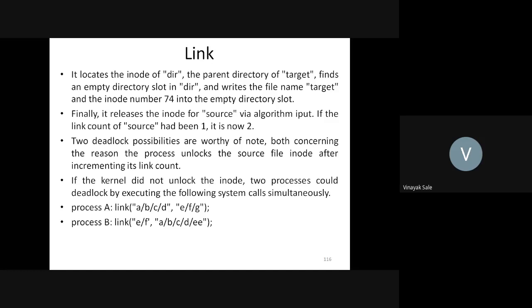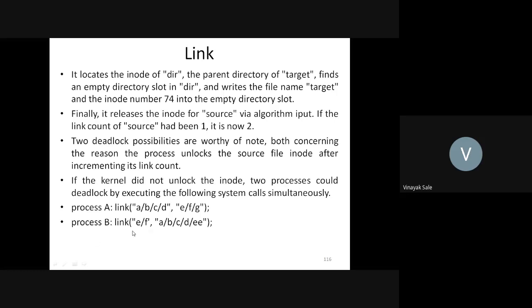Suppose there are two processes, process A and process B. In process A, suppose a statement like link, where the source file is a/b/c/d, that is a path name from the root directory, and the target file is e/f/g.